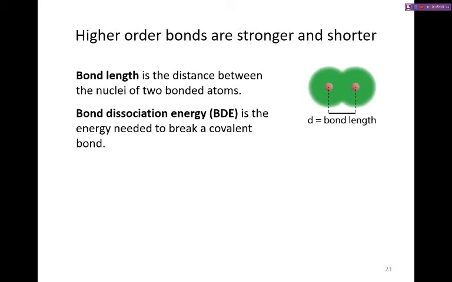It's important to know that this is only between covalent bonds, so this is distinct from lattice energy, where the lattice energy told us about the energy required to break ionic bonds. Bond dissociation energy describes the energy required to break covalent bonds.